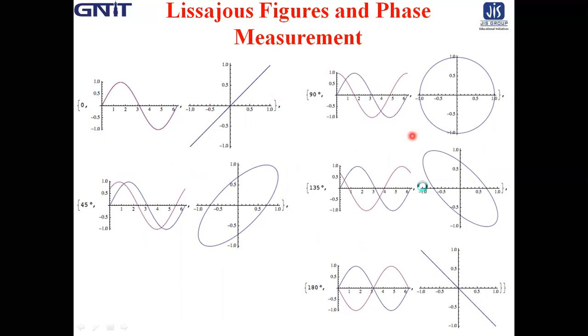Now, I am showing here a total of 5 Lissajous patterns of different combinations of phase and amplitude. Suppose in the first figure, their phase is 0 degrees and both Vx is equal to Vy. Both amplitudes are the same. So see, it is like a straight line.